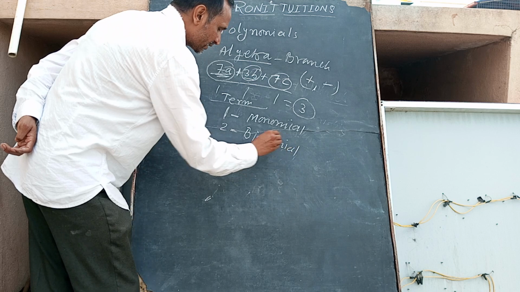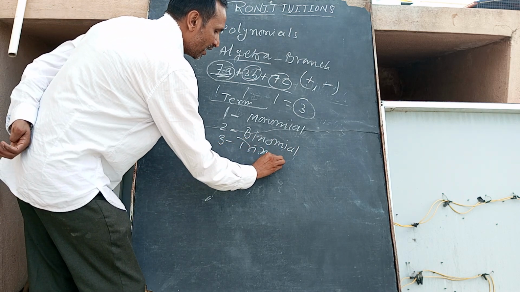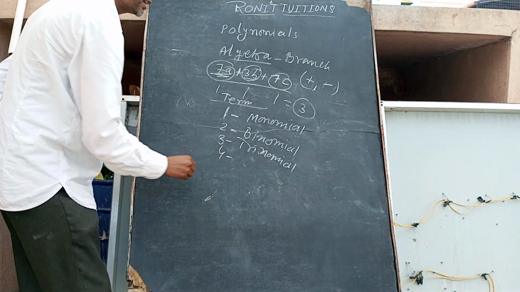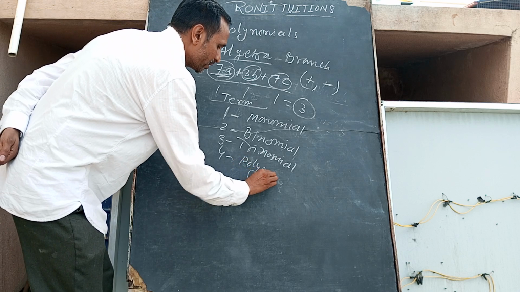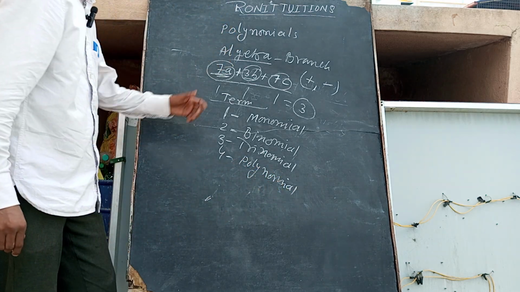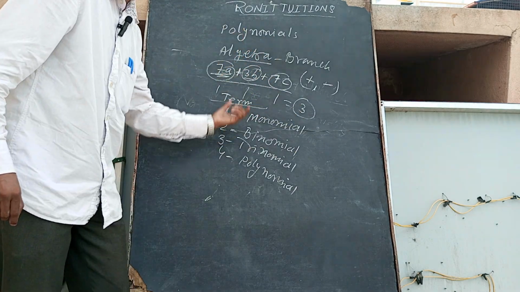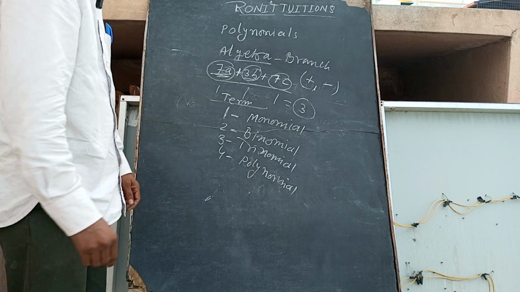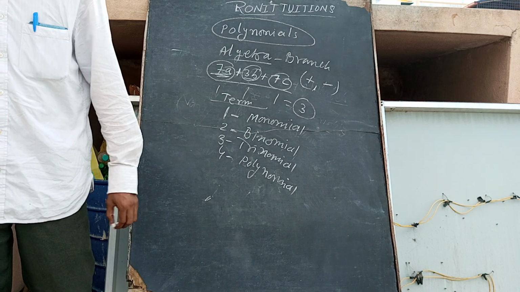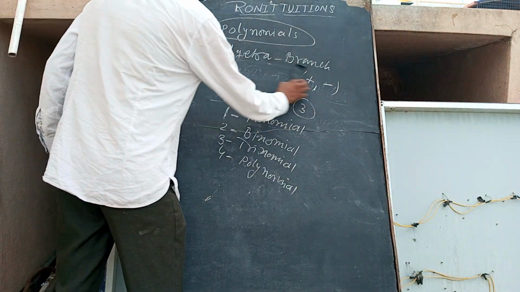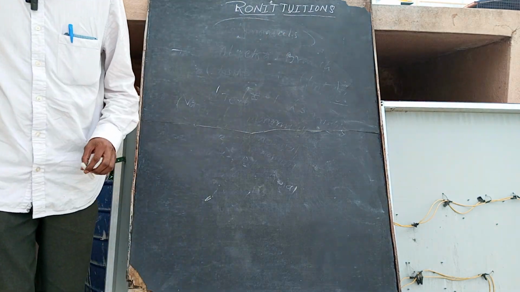If three terms are there, it is called a trinomial. If more terms are there, it is called a polynomial. A polynomial is an algebraic expression which has three or more terms. In a polynomial, we are going to learn what the variables are and how to change the values.